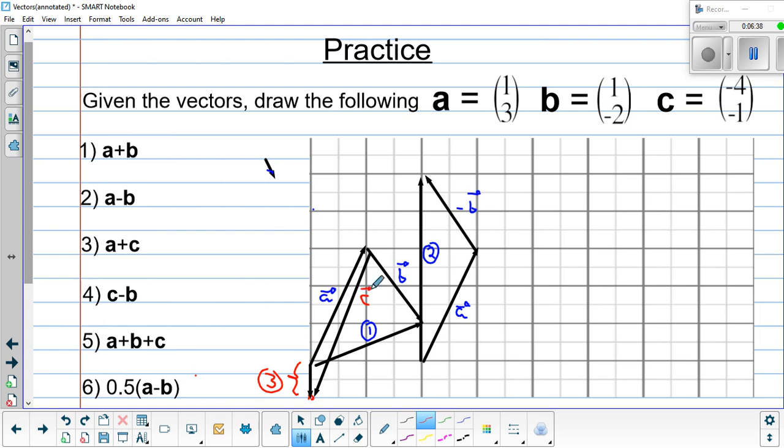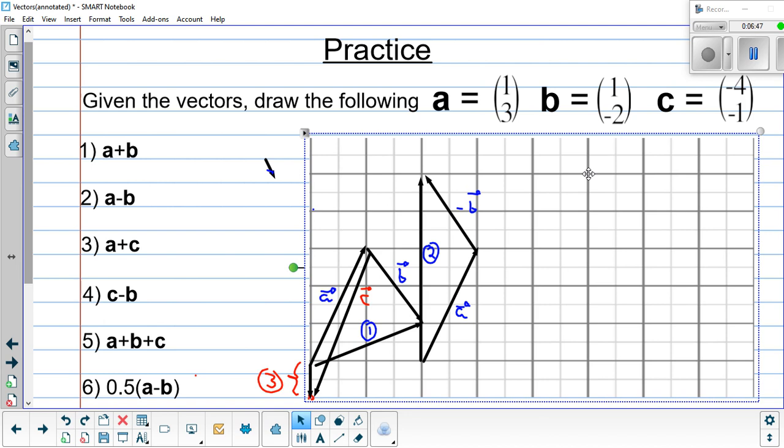I'm going to start using the right side a little bit more. So C, we have negative 4 and negative 1. So I'm going... Oh, sorry. I just realized that that last one is actually not correct the way I did it. I swapped my X and Y, so I'm just going to go back. Take a second and move it.